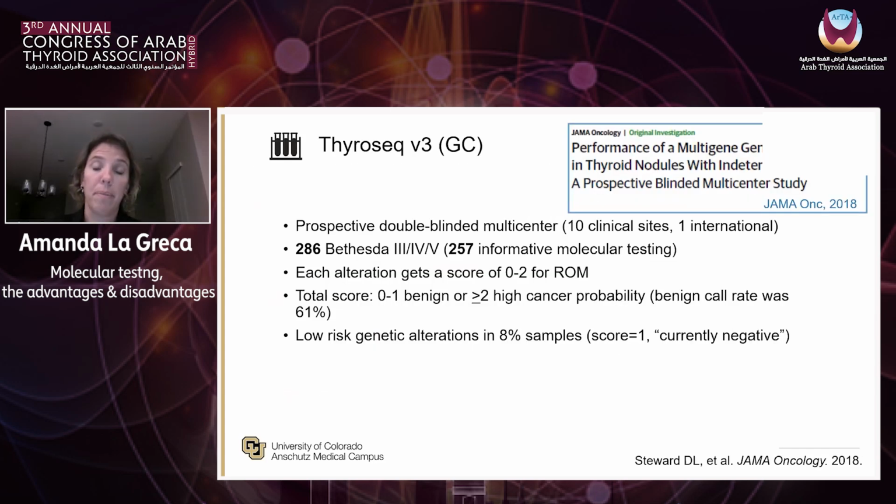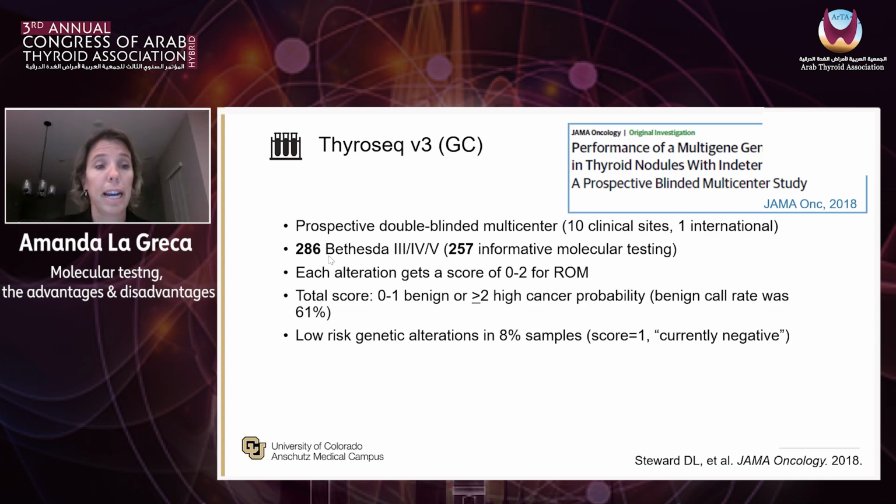So now I'm going to talk about ThyroSeq V3, which is the performance of a multi-gene genomic classifier in thyroid nodules with indeterminate cytology. This is a prospective, blinded, multi-center study, which was also published in JAMA Oncology in 2018. It was 10 clinical sites, one international, I believe it was Singapore.